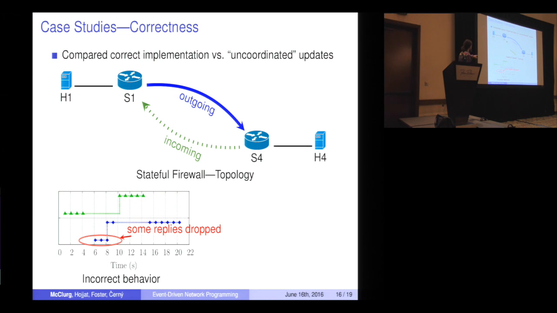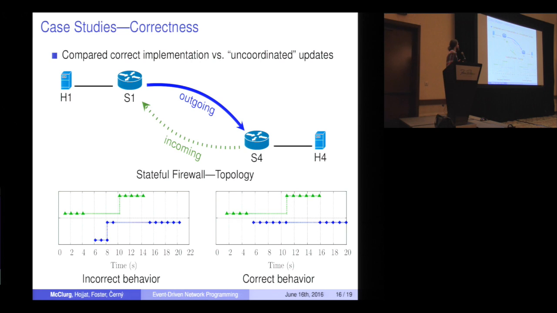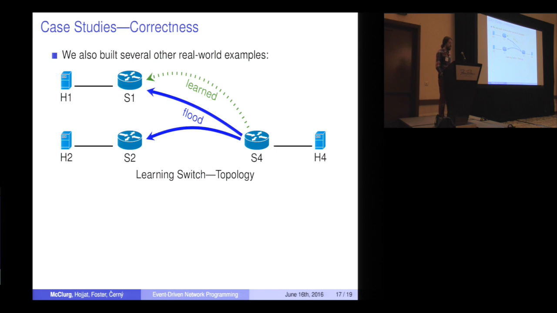The thing to note is that in the incorrect implementation, some of these pings along the blue path are dropped. That is because the reply would need to traverse the incoming path. So some of the responses to these outgoing pings end up getting dropped. We want, in the correct implementation, all of the outgoing pings to work just fine.